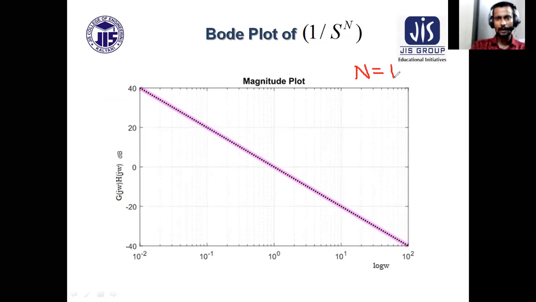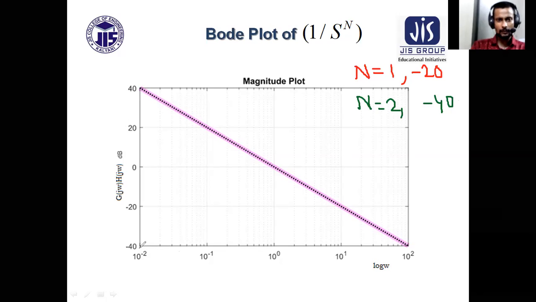For n equals 1, the slope will be minus 20 dB per decade. Minus 20n, so n equals 1 means minus 20 dB per decade. For n equals 2, it will have minus 40 dB per decade. Minus 20n, that is minus 40 dB per decade. So here we have assumed n equals 1.